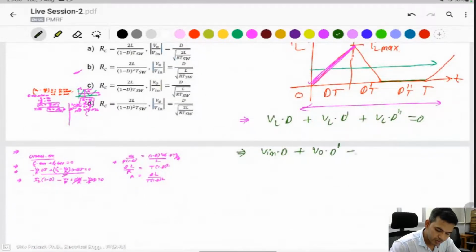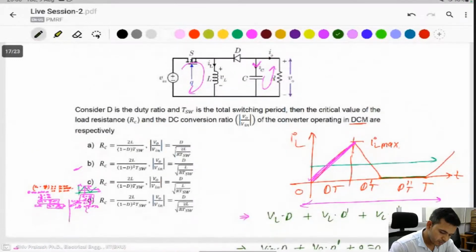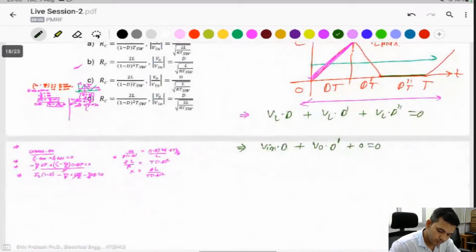This one is equal to 0. And we find D dash equal to D V in divided by minus.